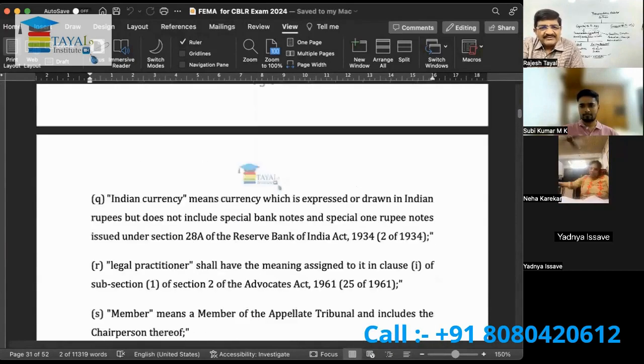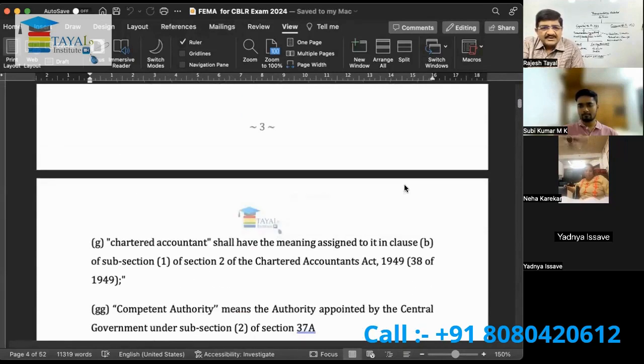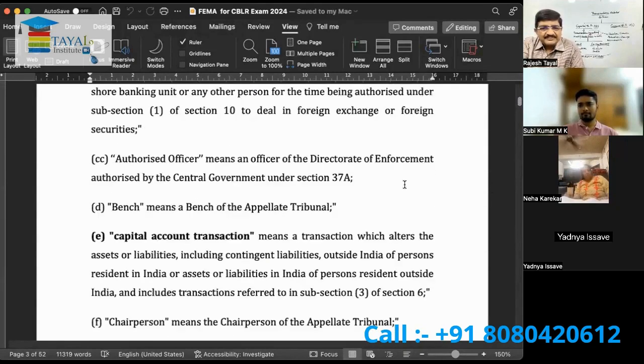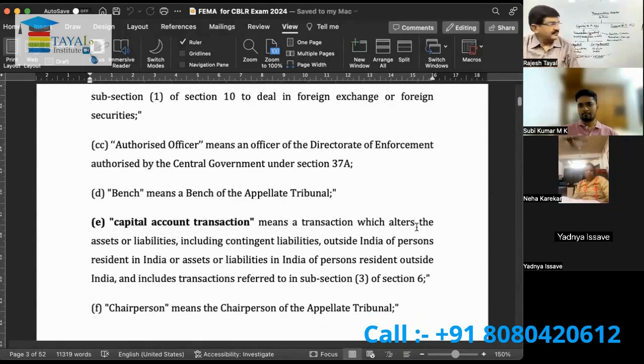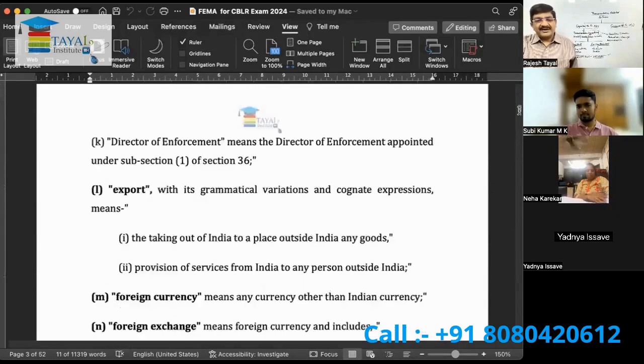So going back to the definition of capital account transaction. What is a capital account transaction? Refer to this, it will help you to understand. I told you that these words are irrelevant: includes the transactions referred to in section 6, subsection 3. Why are these irrelevant?